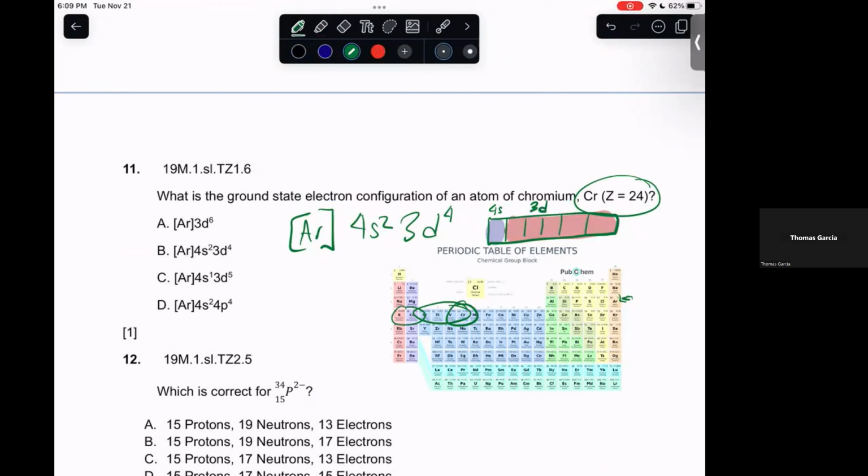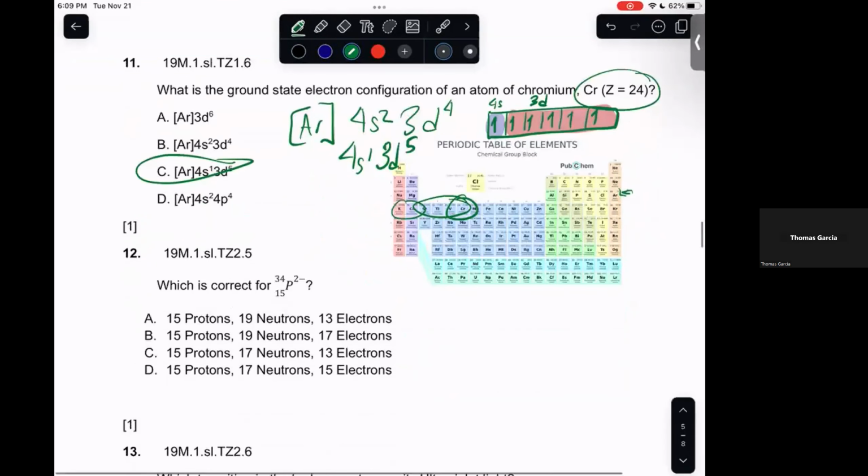We kind of fill our 6 electrons in each one first before we drop down. So it actually becomes 4s1 3d5. So it's C. Because they're so close in energy level, we can't really double up on the 4s until we fill the 3d orbitals.